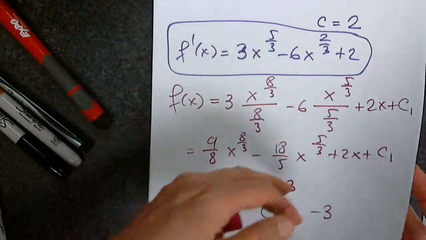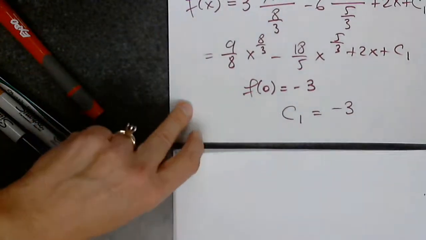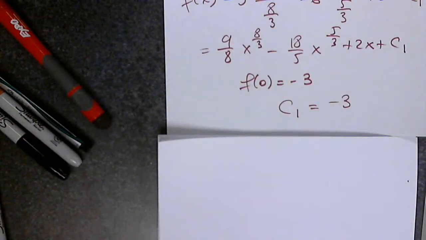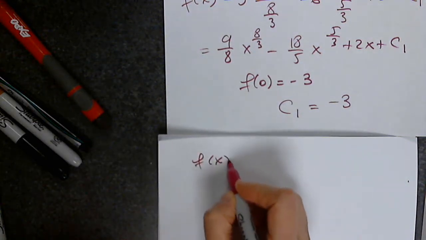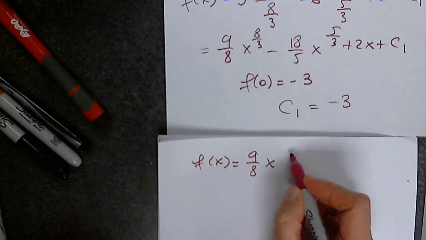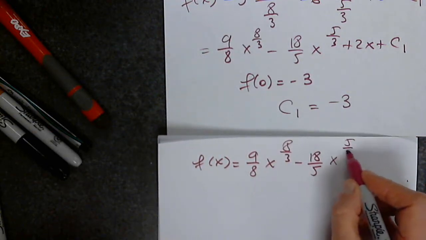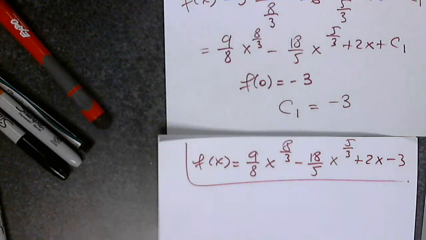So now I have the one and only function that complies with all those conditions. The second derivative is given, f prime of 0 is 2, and f of 0 is negative 3. And that function is f of x equals 9 over 8, x to 8 over 3, minus 18 over 5, x to 5 over 3, plus 2x minus 3. The only function that complies with all three conditions.